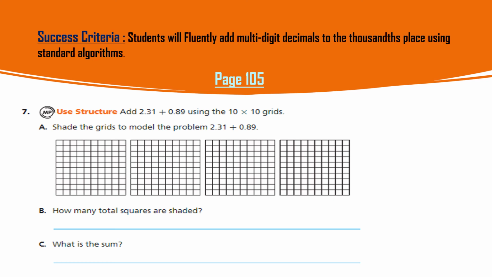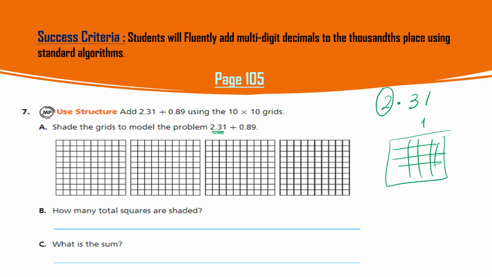Okay, let's try. Shade the grids to model the problem. 2.31. Okay, it means how you will do 2.31. Look at this. 2.31. What does it mean? Two whole things, this whole grid, this whole square, this whole grid is said to be one whole, right?